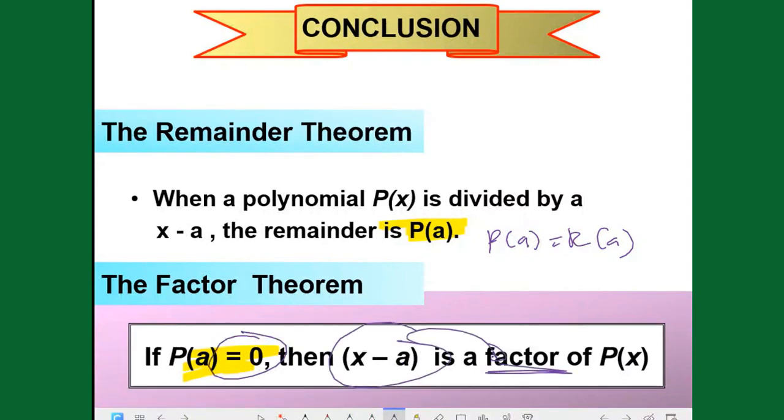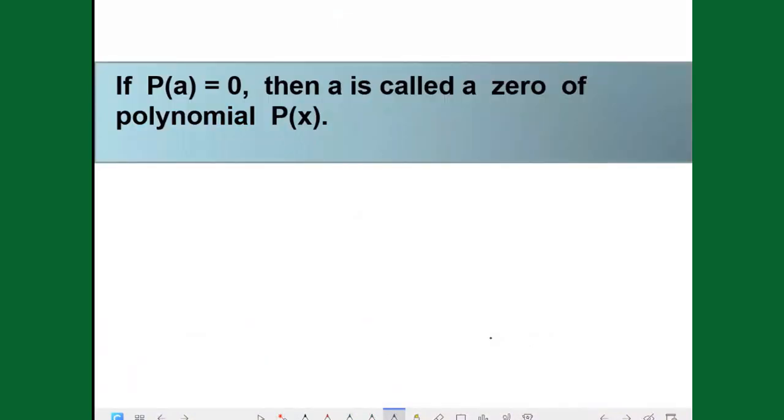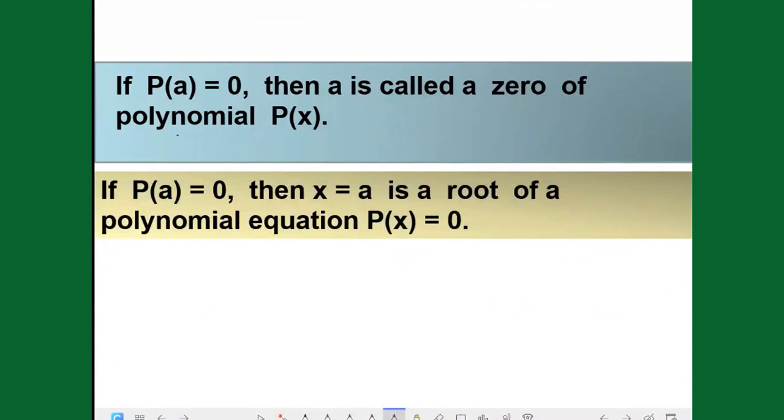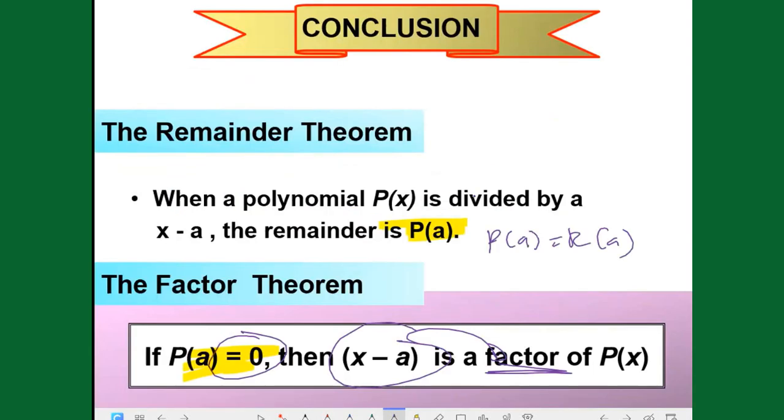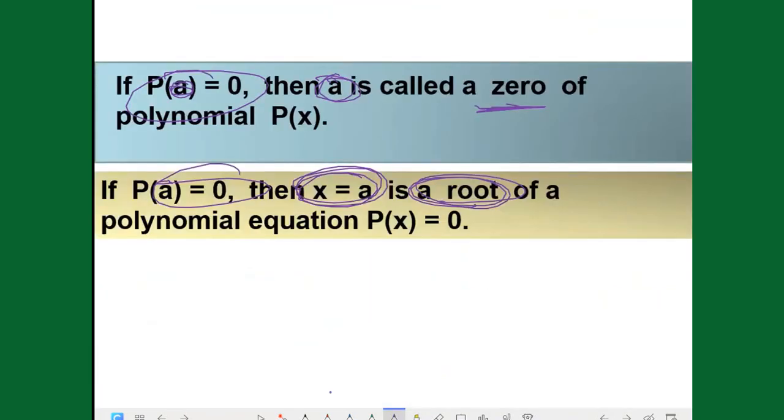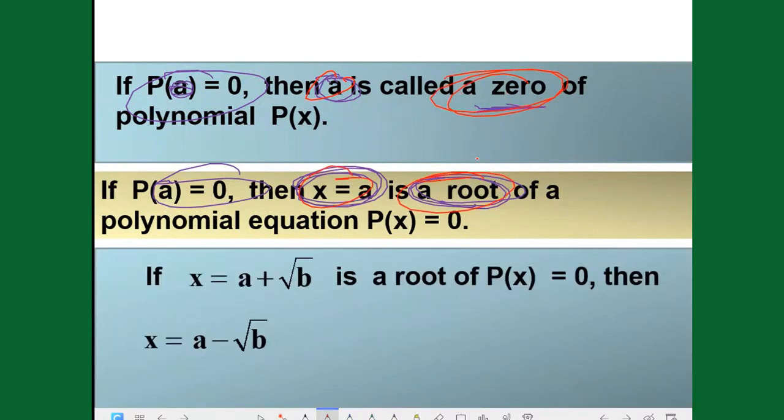Ni factor. And then A is called a zero. X equals a is a root. Sama kan? Ambil x minus a, factor. Zeros, root. Ada 3 different terms dari yang sama juga.